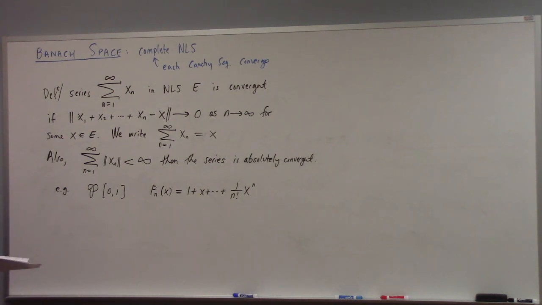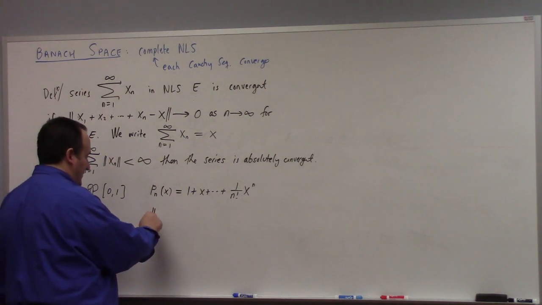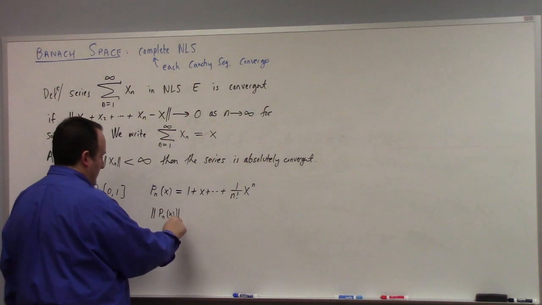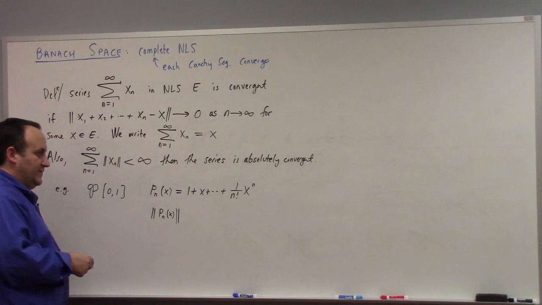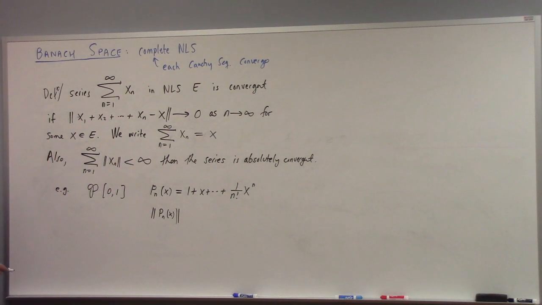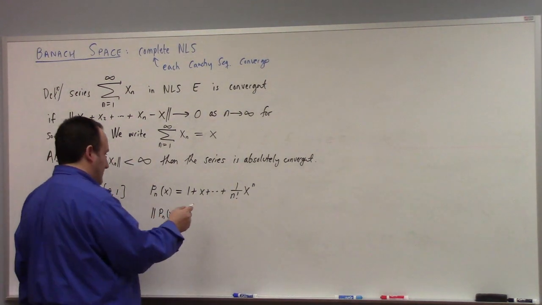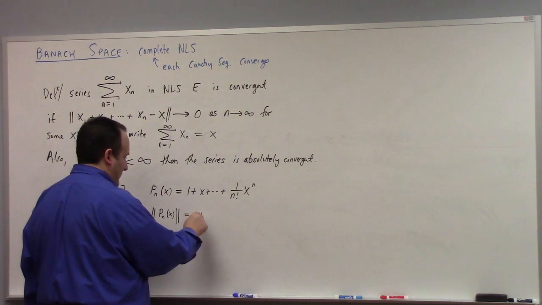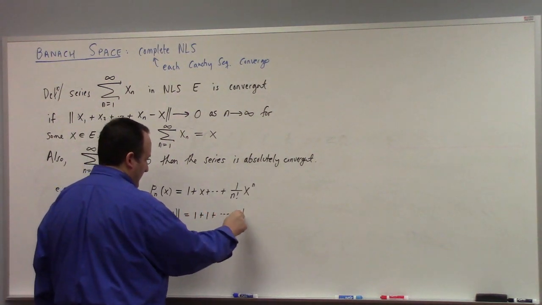Why is that absolutely convergent? Because the numbers themselves are always positive. If we take the norm of this thing, which is the max of that on 0 to 1, it's 1 plus 1 plus and so on plus 1 over n factorial.